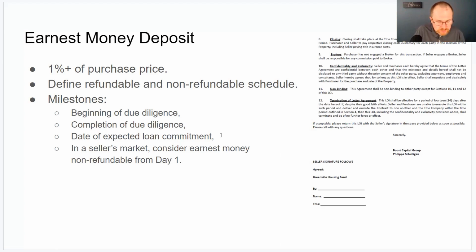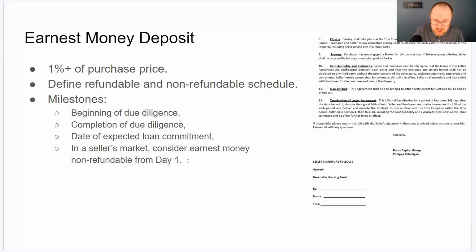One thing also, I should have addressed extensions. If you're doing an extension for closing, for instance, there may be an expectation of additional earnest money deposit at that point. And another thing that is important to know, and that was the case in 2021, 2022, it was a seller's market.